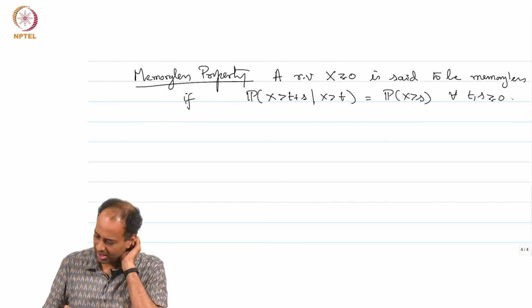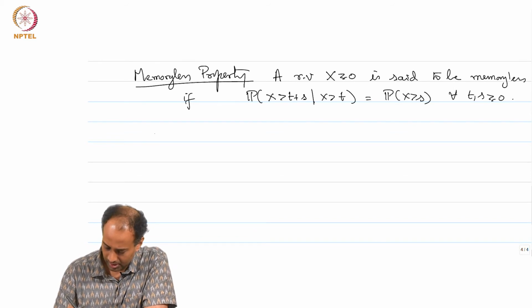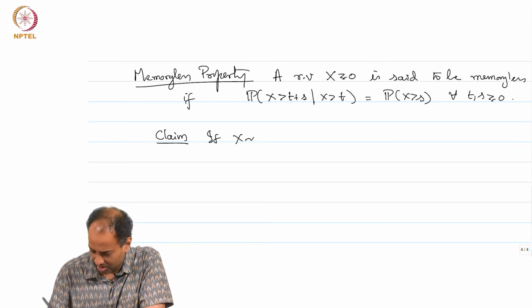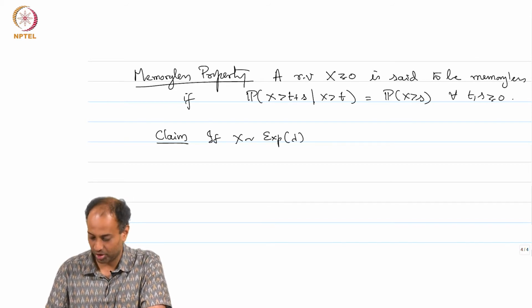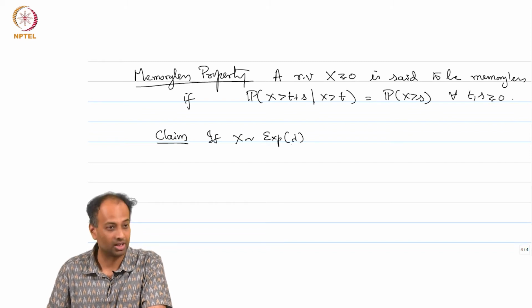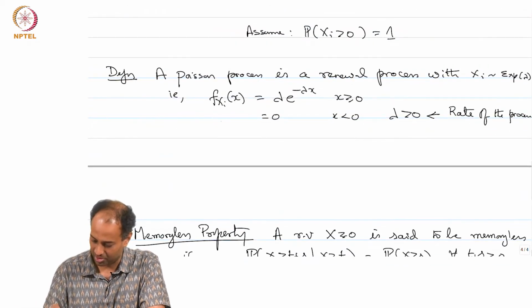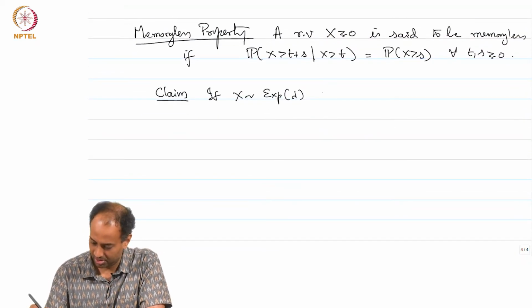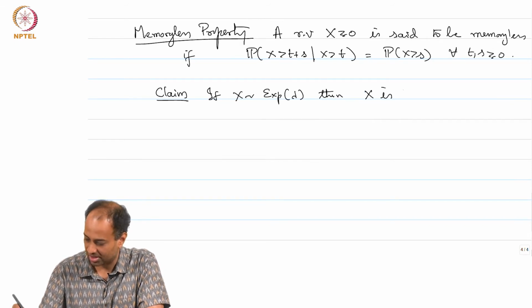We can easily argue this claim: if X is exponentially distributed with parameter lambda, which means X is distributed according to the exponential distribution with parameter lambda, I hope you have seen the exponential distribution, then X is memoryless.